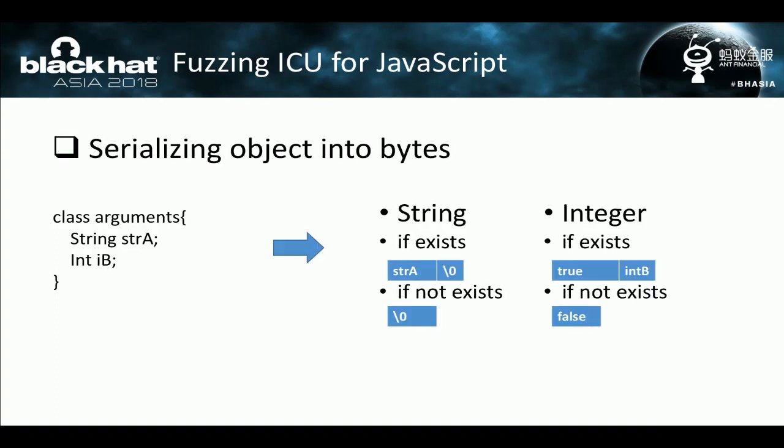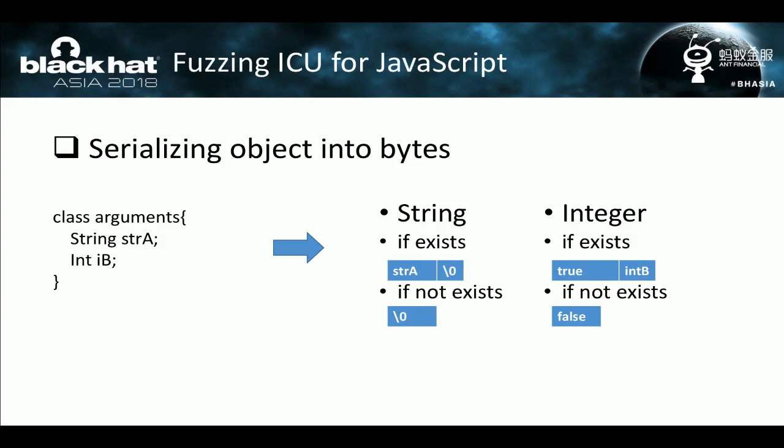This is the way to serialize the object into bytes. For example, this class has 2 fields, a string field and an integer field. When serializing the string field into bytes, the string becomes a null-terminated string.